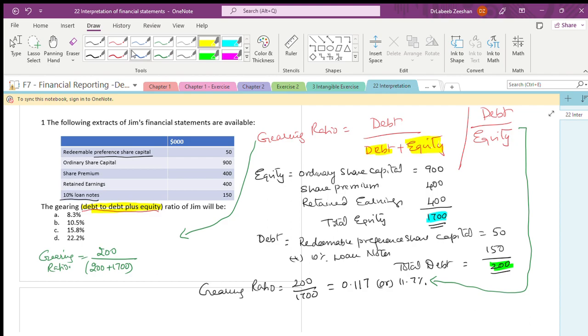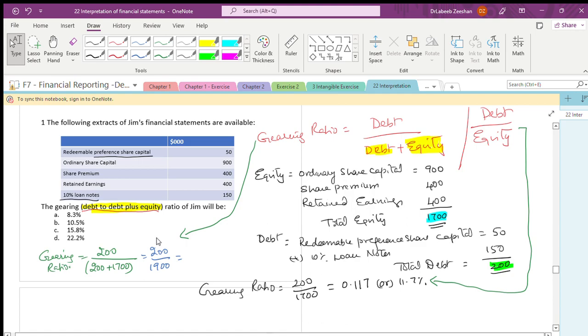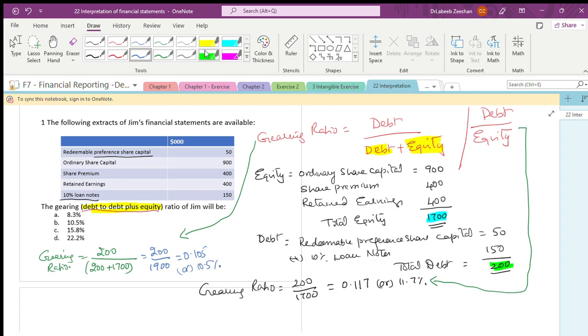How much is that? It is going to be 200 divided by 1900. What is the answer you'll get? 0.105, or 10.5%.